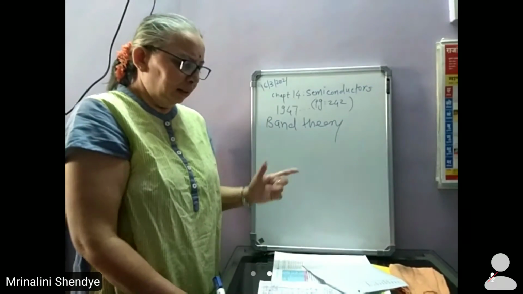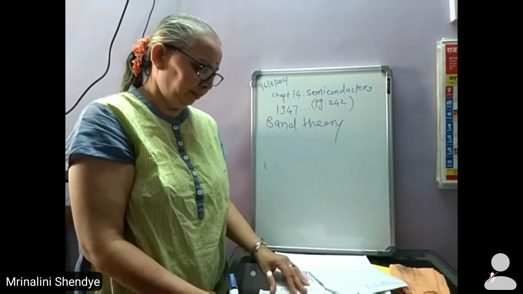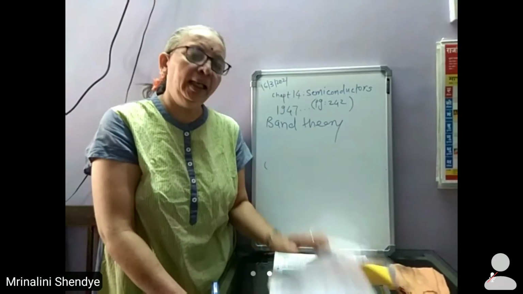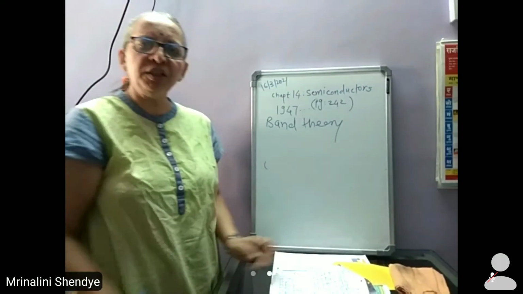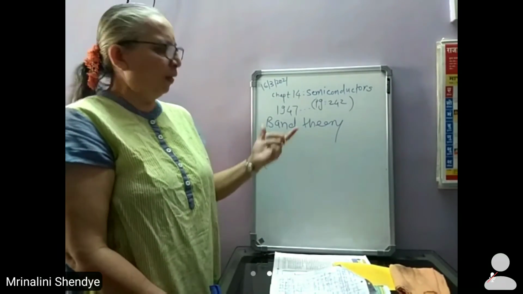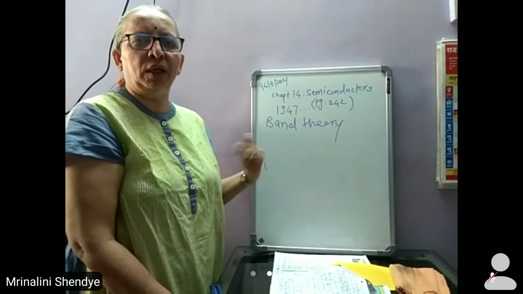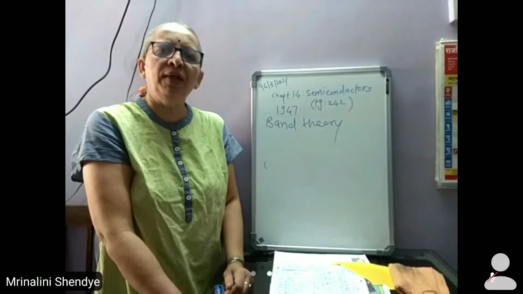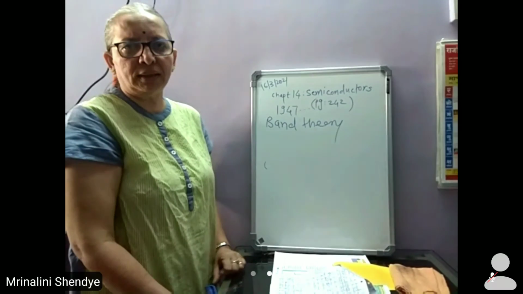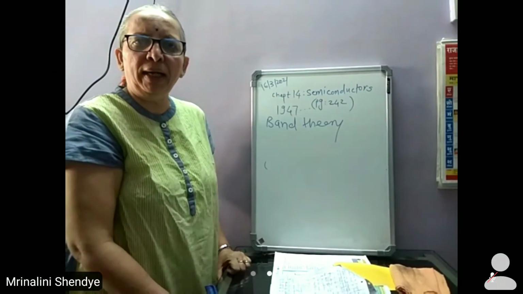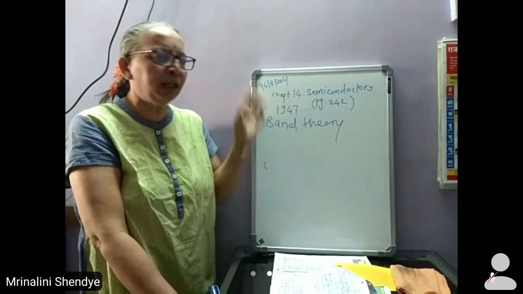And this theory is related with energy levels of valence electrons. So before starting band theory, to understand electric conduction through semiconductors, first we'll discuss the atomic structure and different energy levels occupied by electrons revolving round the nucleus.